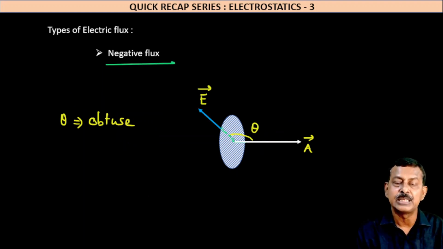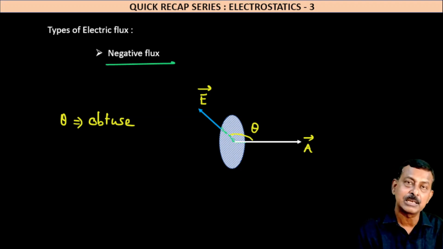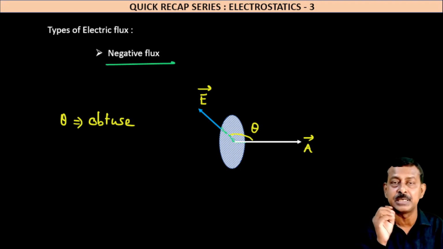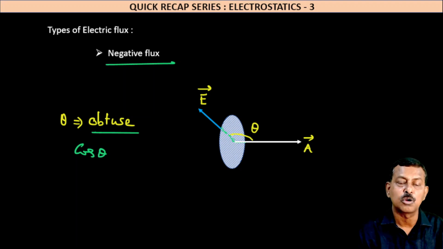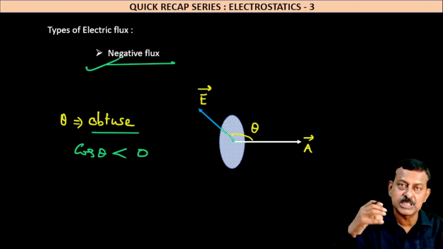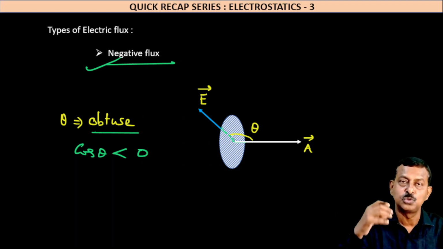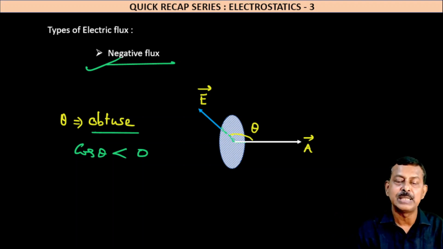Negative flux. If the angle between the electric field and the vector area is obtuse, then cos theta will be negative, and in that particular case, the flux will be negative. In fact, if the lines of forces are entering through a given surface, like here, you can see that lines of forces are going into the surface.